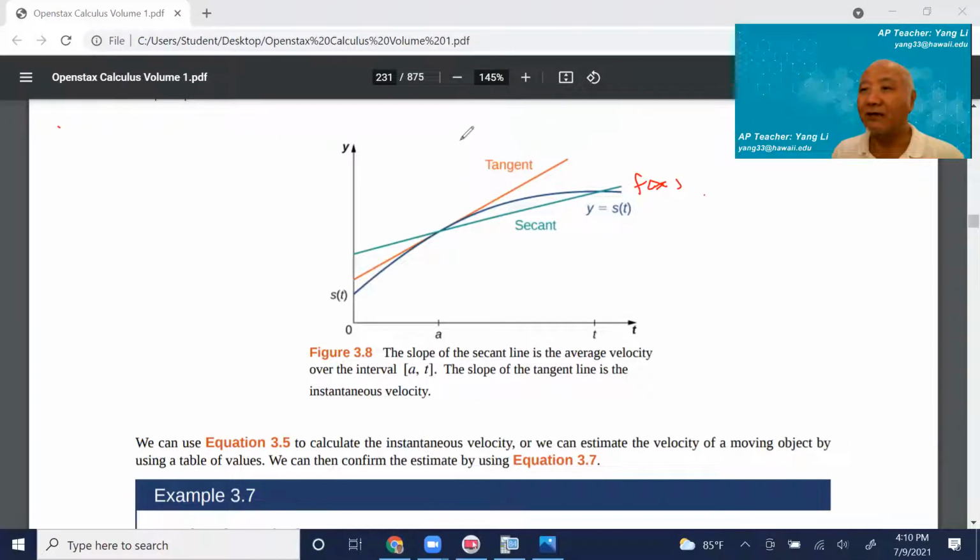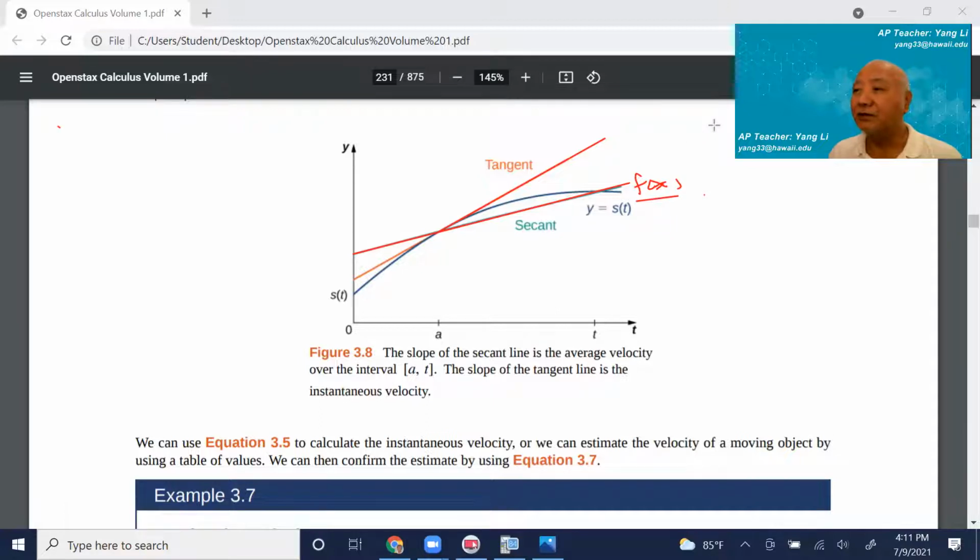And then we can get the slope of the secant line. So this is the secant, right? And then we move this point from here to here, and we can get the tangent line slope, right? That's the time we think of this as f(x).